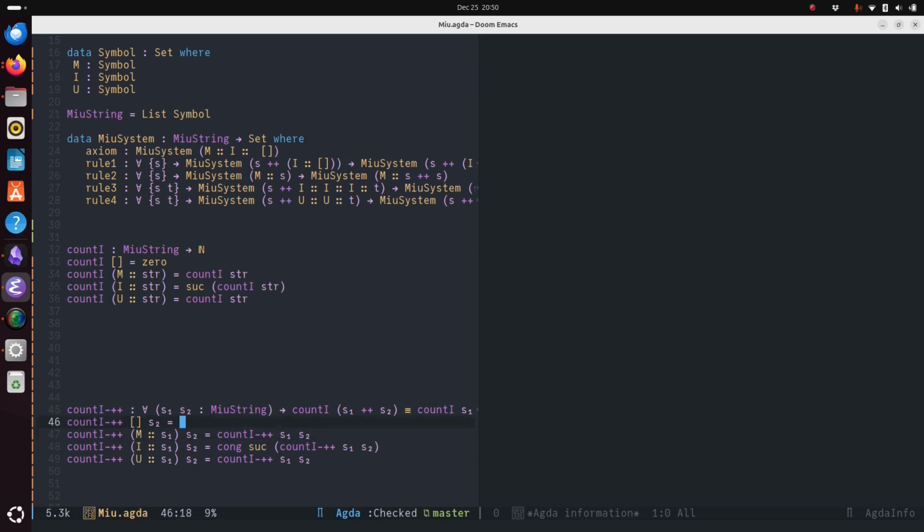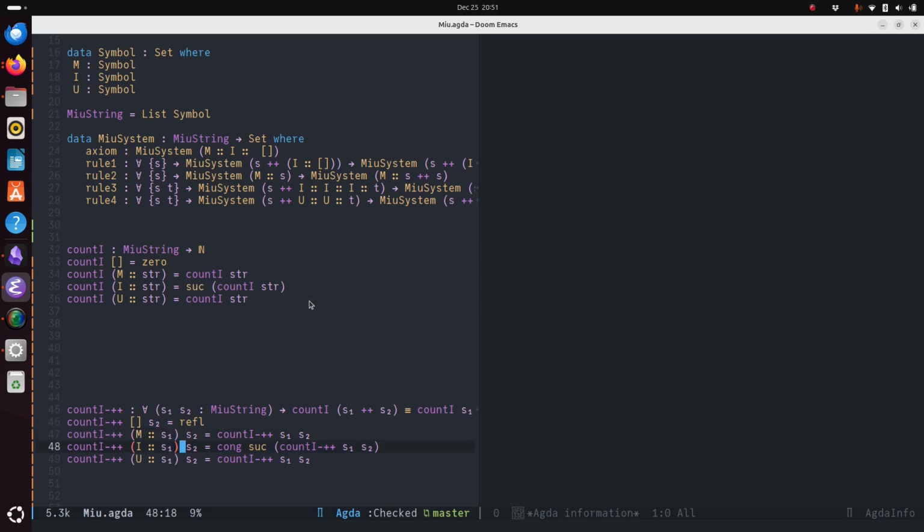Let us do it again. In the base case, the equality is obvious, so the solution is refl. The proof is refl. And in the recursive cases, we peel off the first symbol and rely on the induction hypothesis, which is just the recursive call.